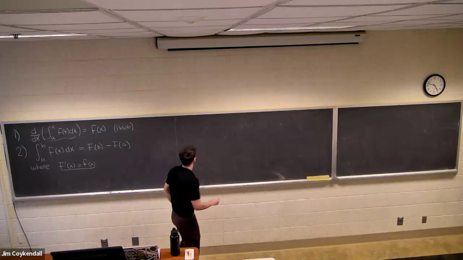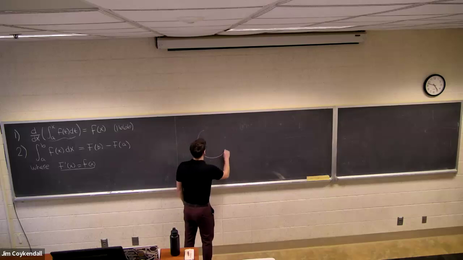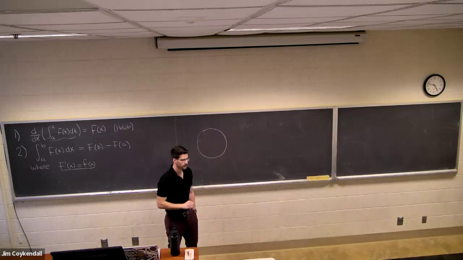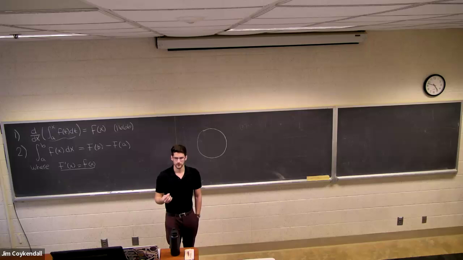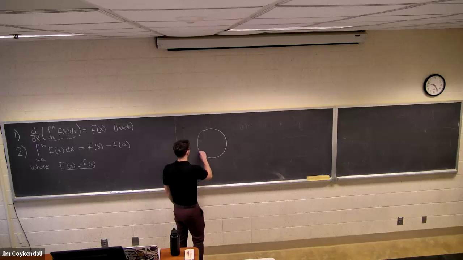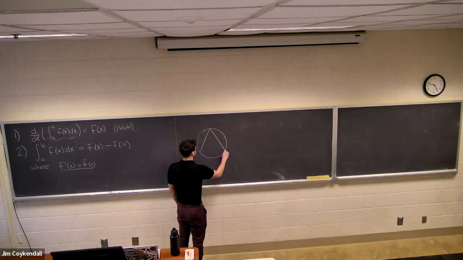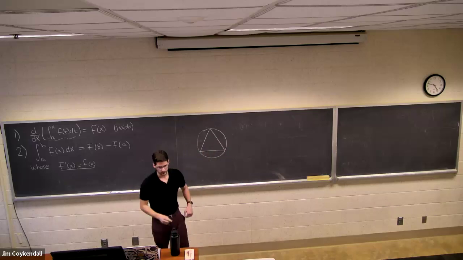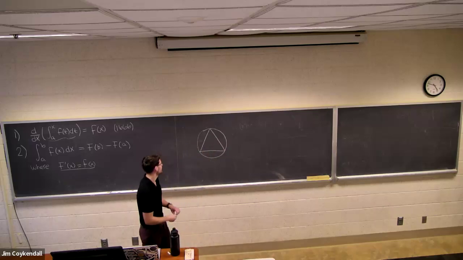So how would this work? My favorite example is the circle, right? You want to find the area of a circle. Very infinite shape, very smooth, right? So you could start by inscribing a triangle. Terrible, terrible approximation.